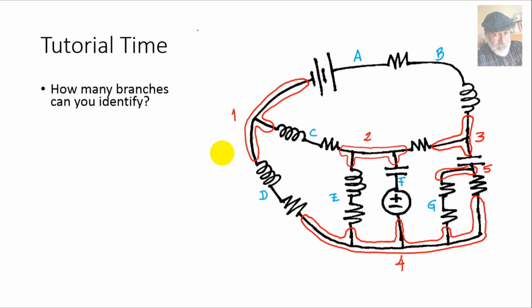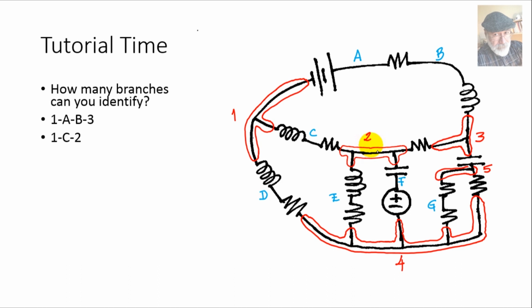Tutorial time. In this circuit, how many branches can you identify? Well, we'll identify a branch by the beginning and ending node, and in between the binary nodes it travels, right? So you see the one at the top is the branch between nodes 1 and 3, and it's a branch 1AB3. And then we have 1C2.